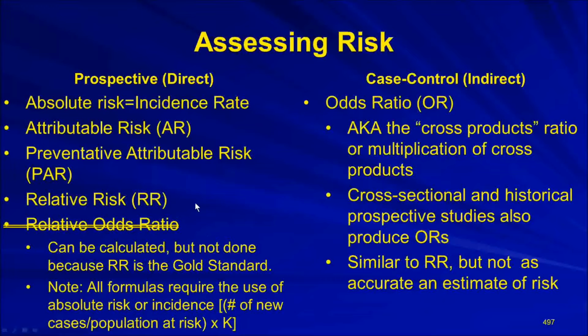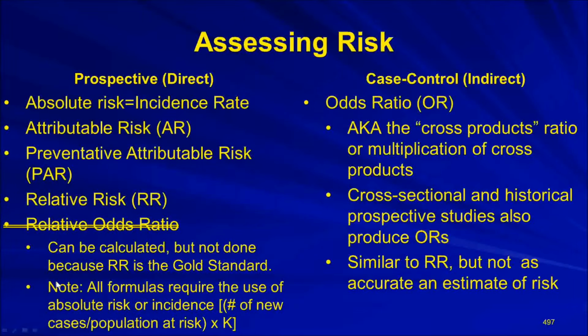You'll be able to read studies. You'll be able to take in information in your field that reports things according to relative risk. And so, again, relative odds ratio can be calculated, but not done because relative risk is the gold standard.